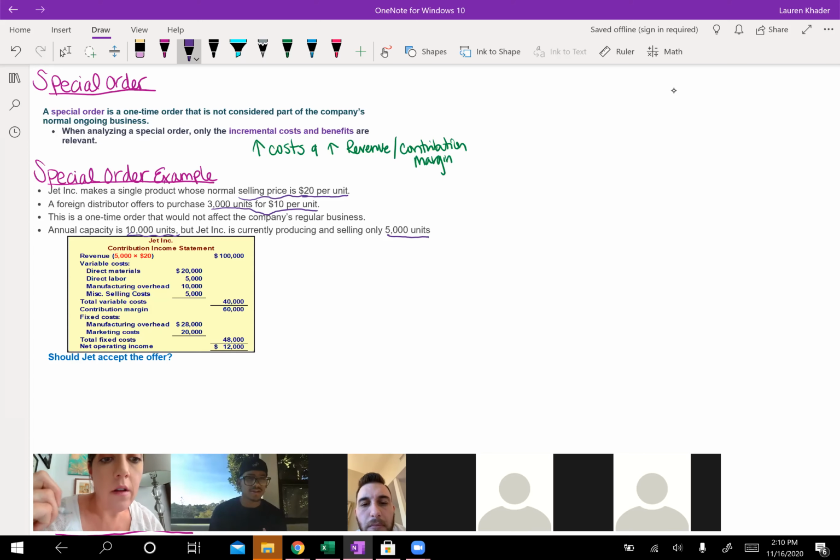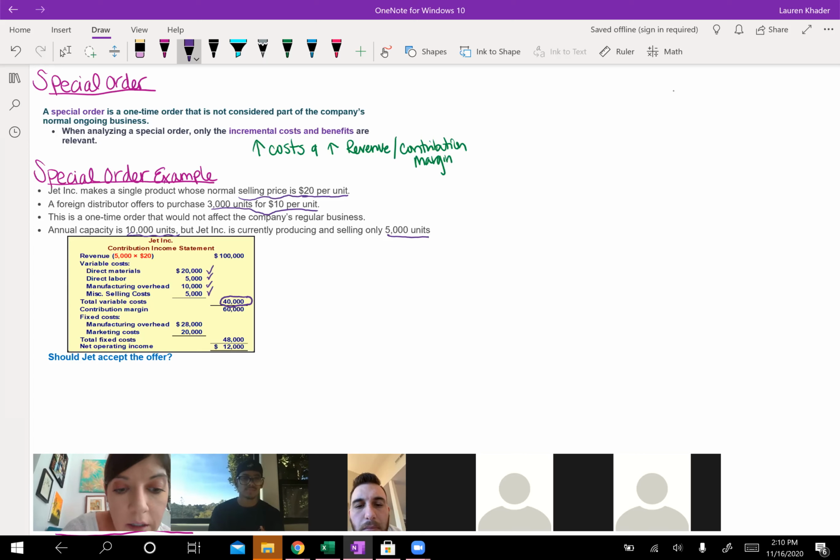Direct materials, direct labor, all of our variable costs are going to increase, right? So that $40,000 is not a fixed cost. It's a total variable cost based on 5,000 units produced and sold. So we need to figure out the variable cost per unit.